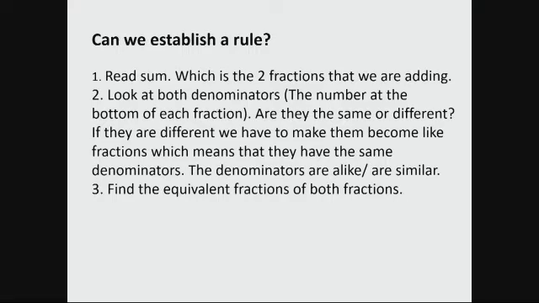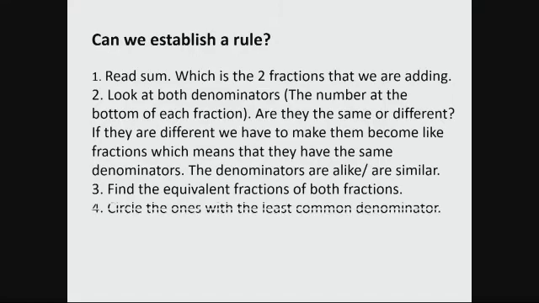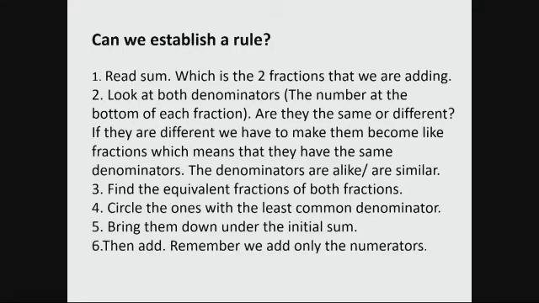Then find the equal fractions of both fractions. Then we circle the one with the least common denominator. Okay? And we bring them down under the initial sum. Then we add. Remember, we add only the numerators.